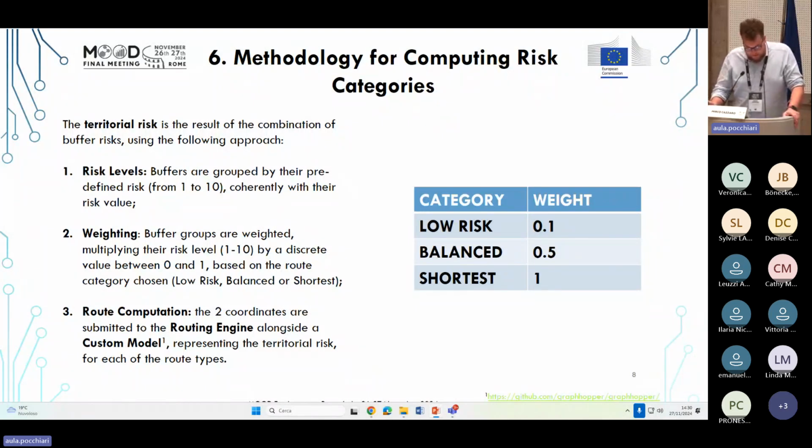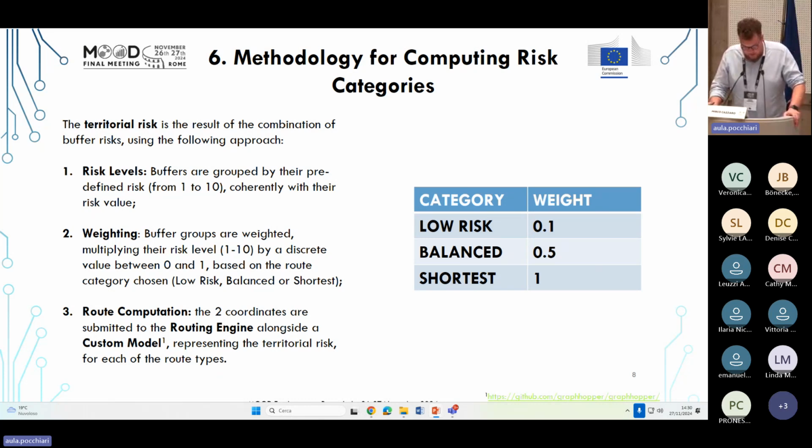And the important part is that we weight these risks in order to emphasize high-risk areas. Let me resume.